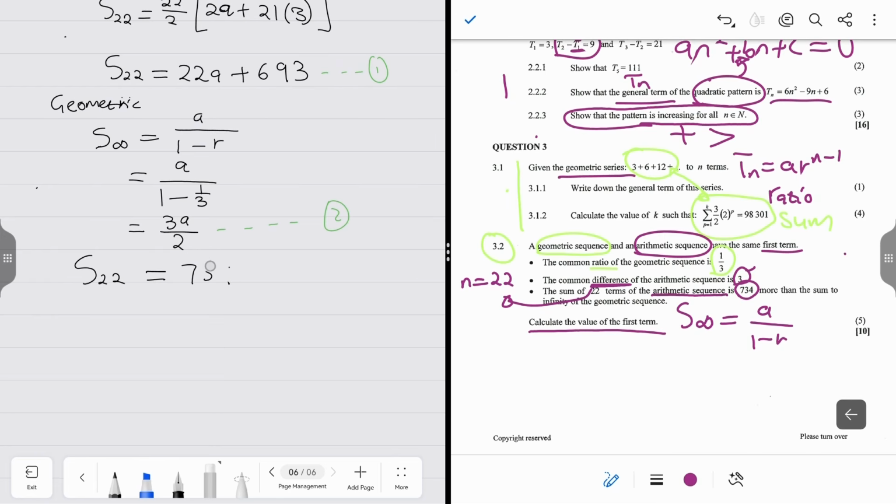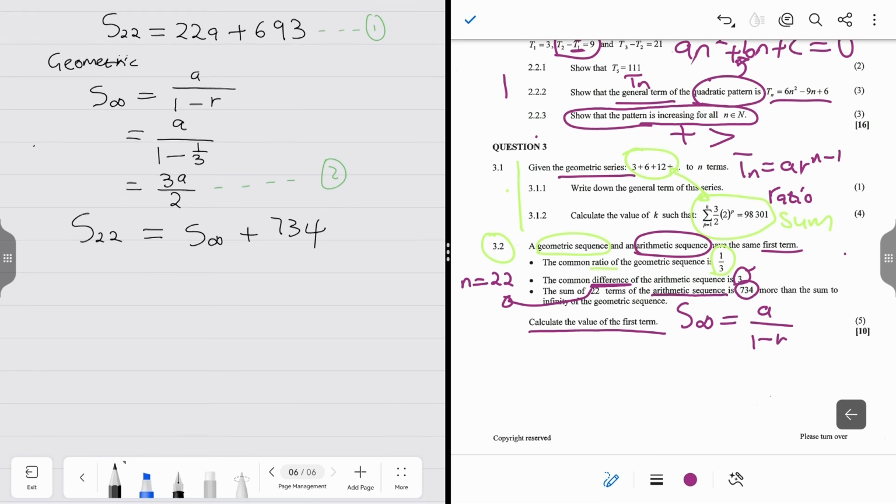So normally when you do this, you're going to start with the sum and then we add the 734 because it's more than, right? So this is what they are actually saying. Then we can substitute what we have here. We had 22a plus 693. That will be equals to 3a divided by 2 plus 734.